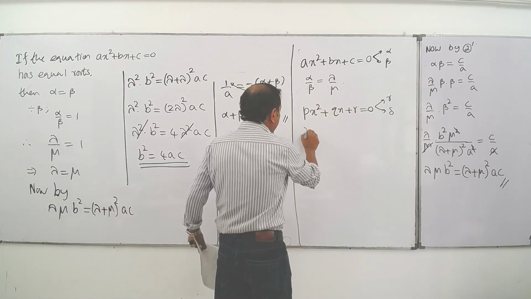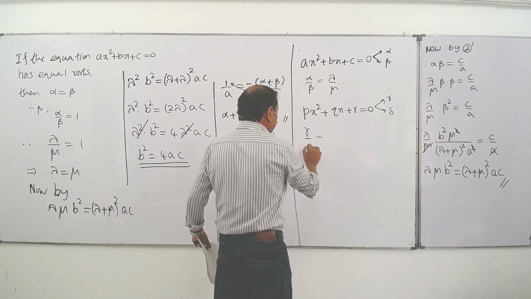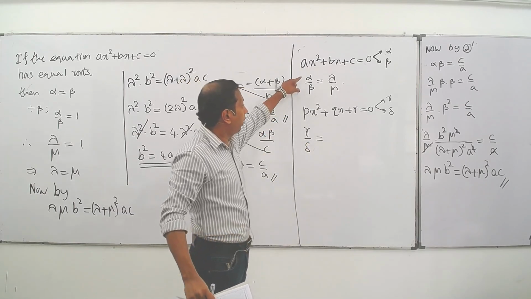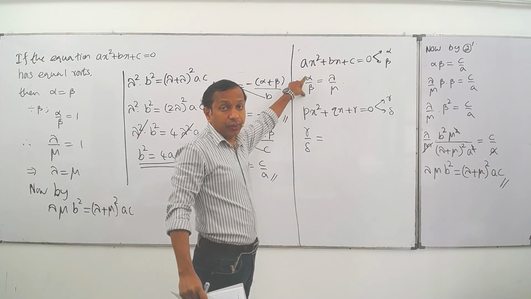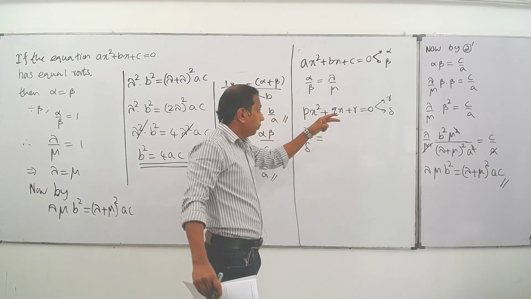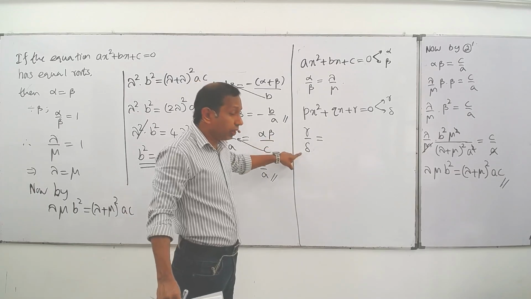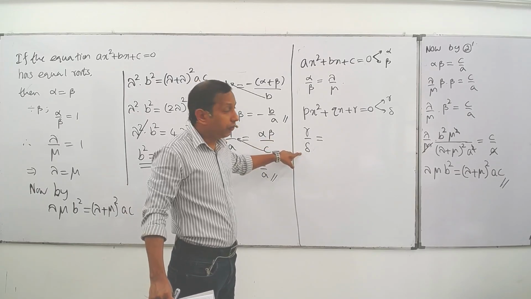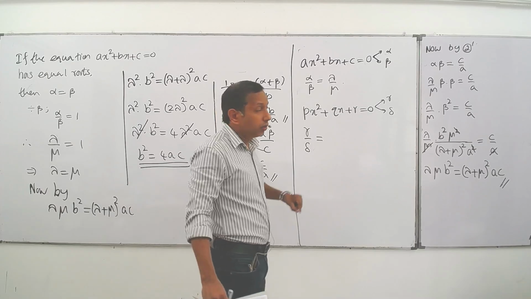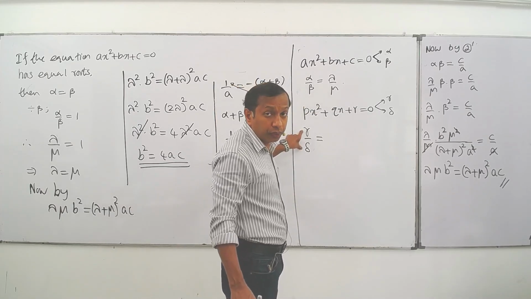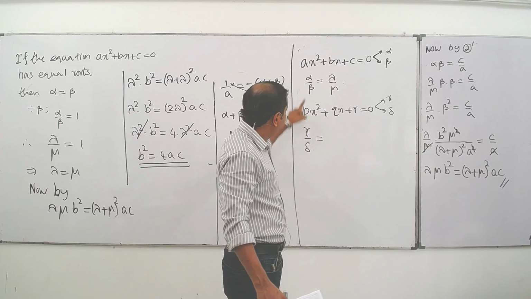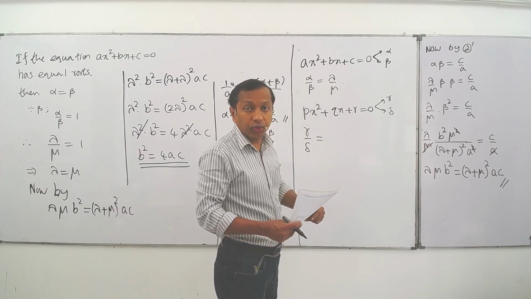Then gamma over delta is the ratio of the two roots of this equation, and alpha over beta is the ratio of the two roots of the first equation. We are given in the question that this ratio and this ratio are equal. If I have assumed this ratio as lambda upon mu, since these two are equal, this also I can assume as lambda upon mu.